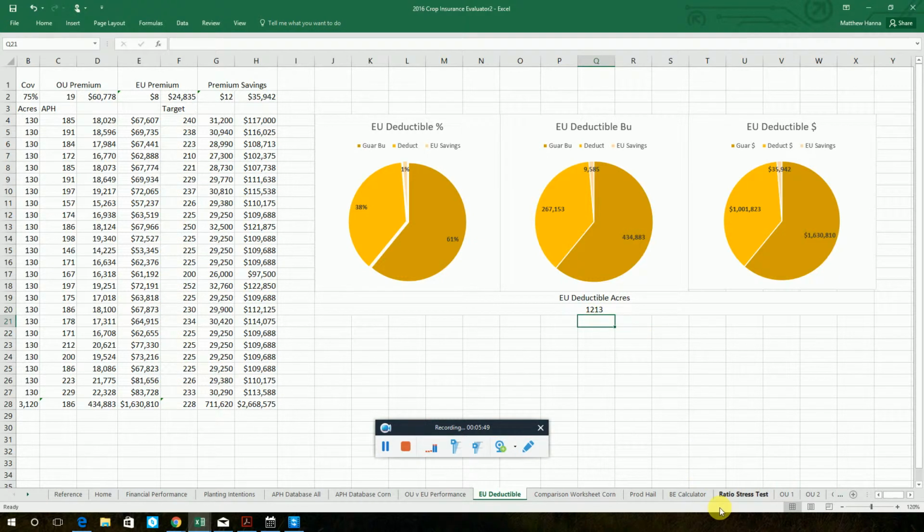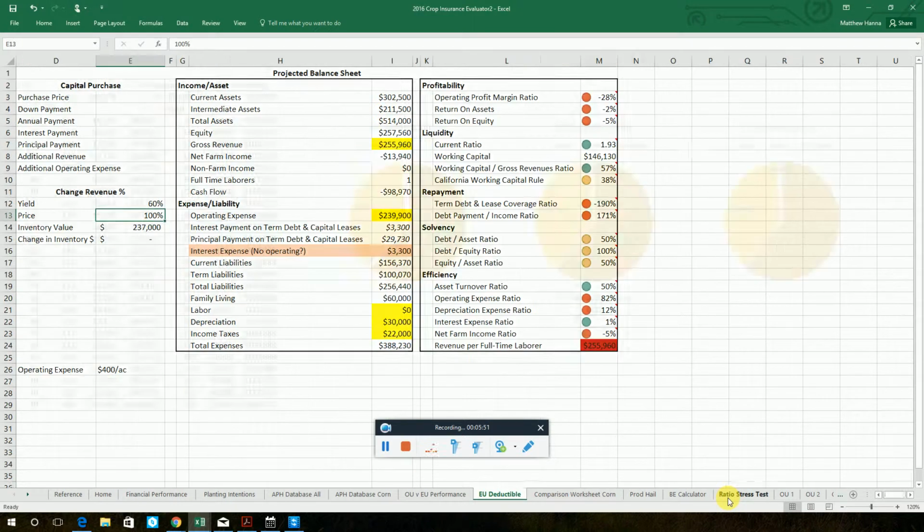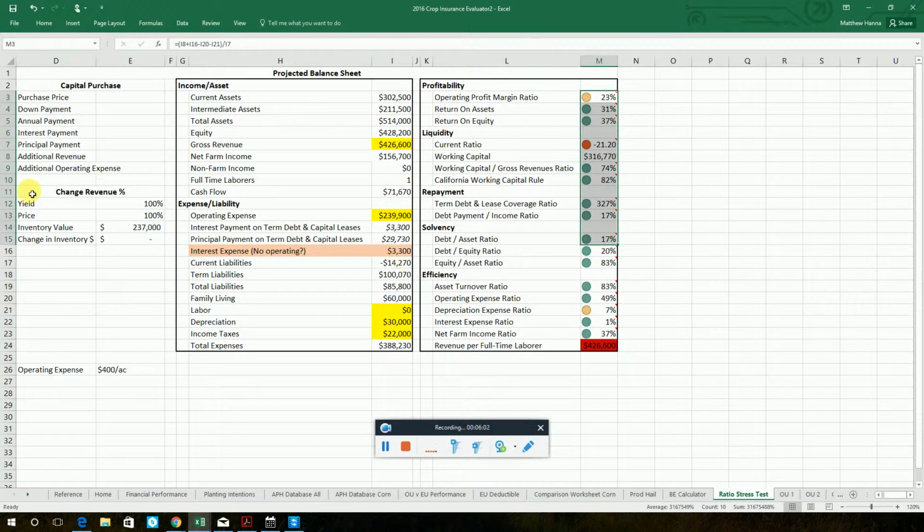Because if we get to the end of the year and God forbid we had a 40% loss, and our ratios go from being okay here, we knock off 40% of yield, we're in the red. And this means we're going to have a really tough conversation with our banker this fall.